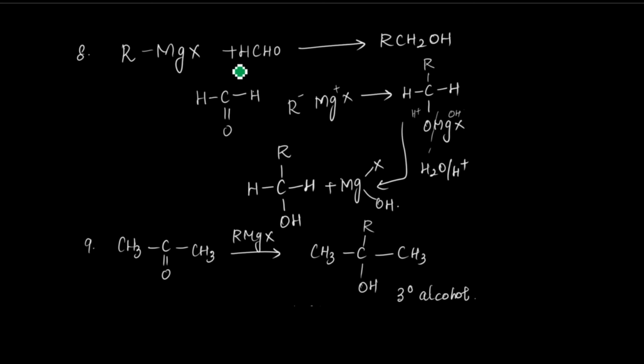With Grignard reagent and formaldehyde, here you go, the reaction proceeds to form a primary alcohol. The R group will get attached to the aldehyde. With ketone, it is forming a tertiary alcohol, because already in the ketone we have CH3 groups. Again, this R group will get attached to the carbon, so it will form a tertiary alcohol.